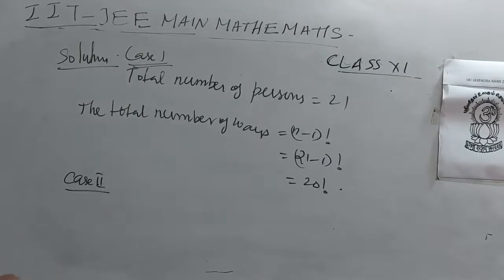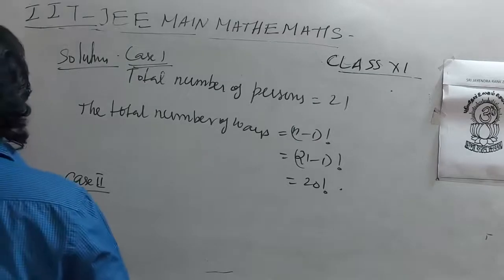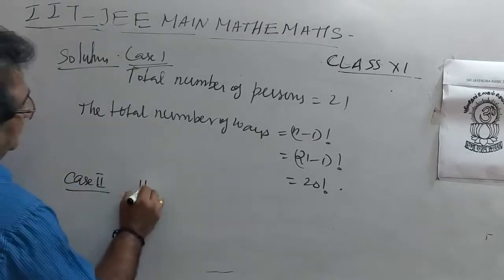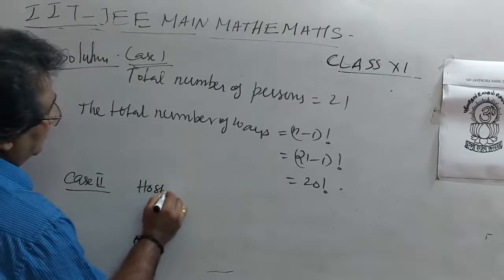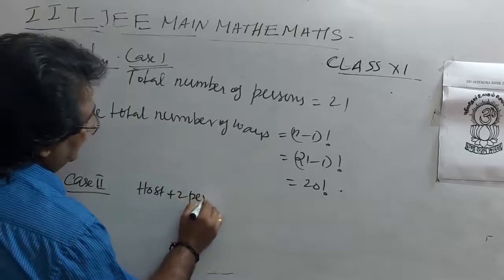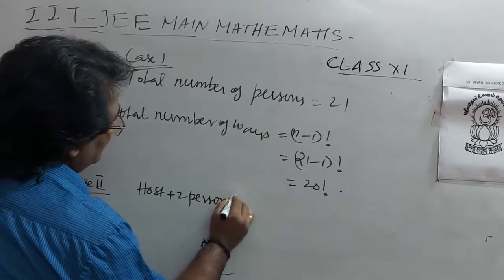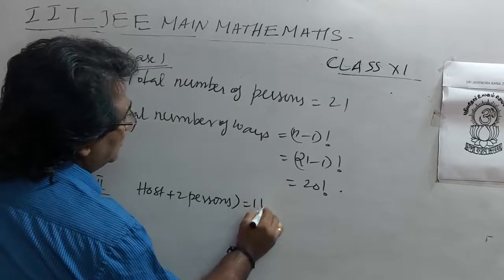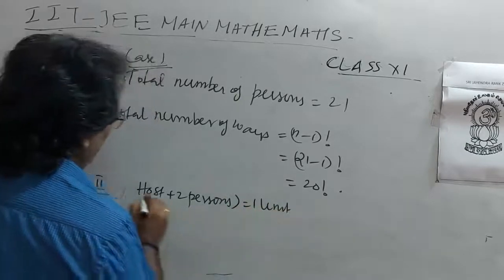So host plus 2 persons, you can consider them as 1 unit.